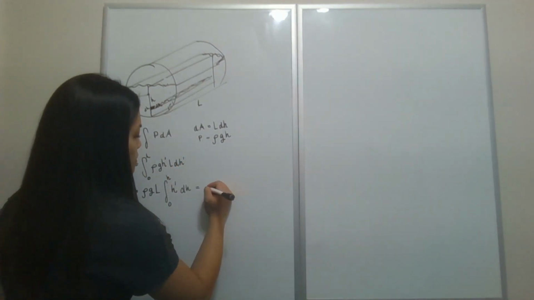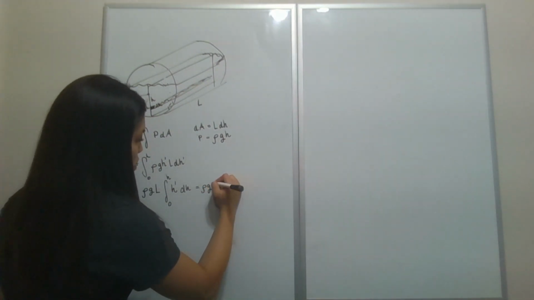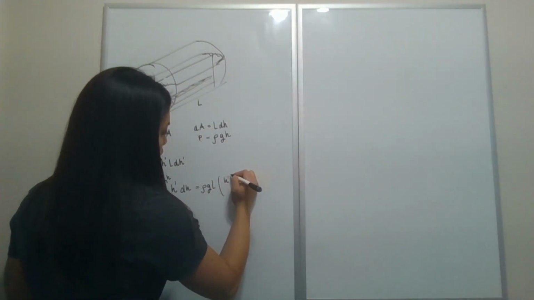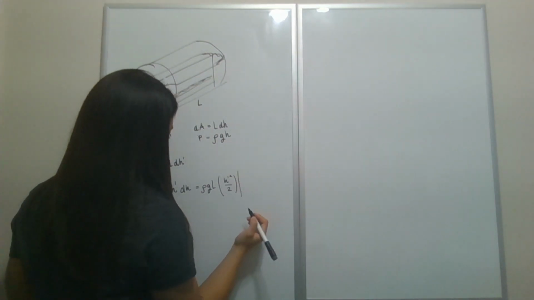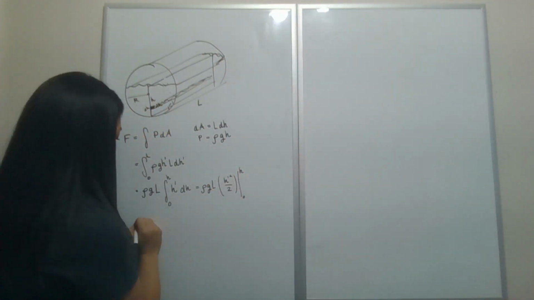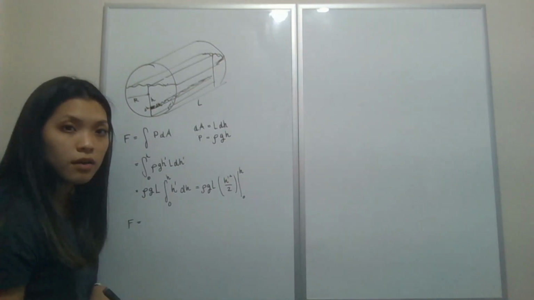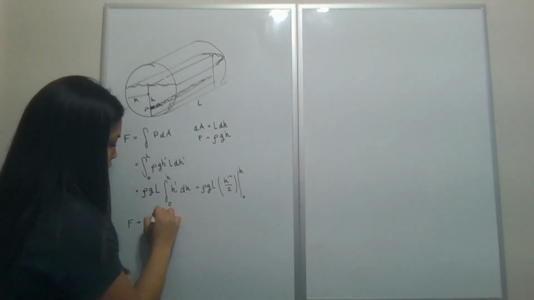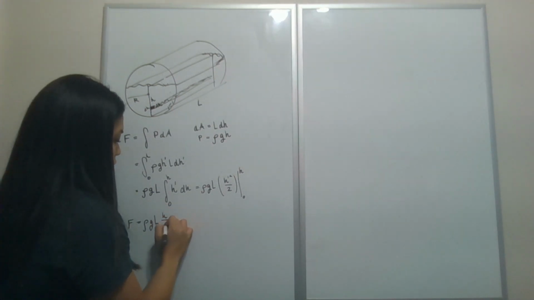Solving this integral gives us the density times the gravitational acceleration times the length times the height squared over 2, evaluated from 0 to the height. Plugging that in gives us the total force on one half of the cylinder: the density times the gravitational acceleration times the length of the cylinder times the height of the fluid squared divided by 2.